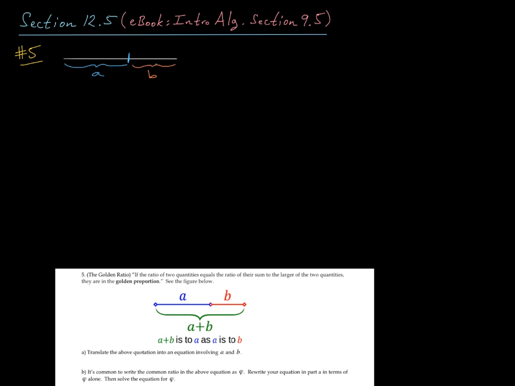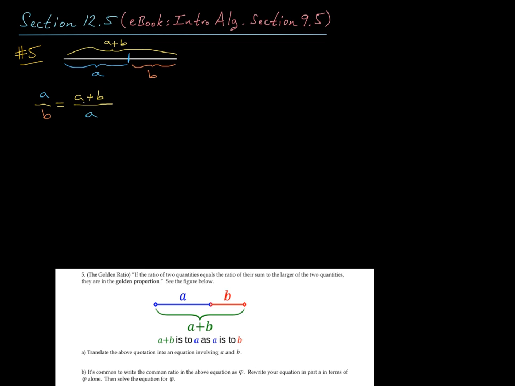Then in order for the long to the short to be in what we're calling the golden proportion or golden ratio, we're going to take the long piece divided by the short piece, and that's going to have to come out to equal the ratio of the entire line segment, which has length A plus B, divided by the long piece.